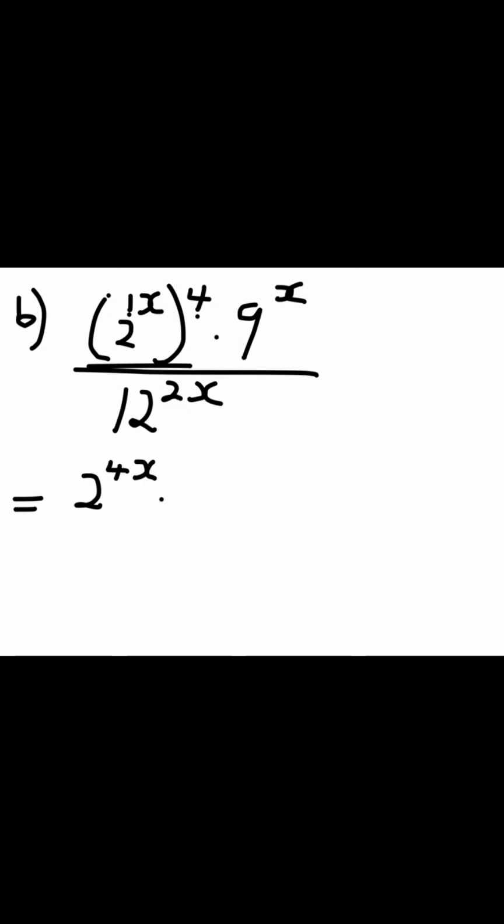When it comes to 9, it should be 3 squared. So can you see, I'm doing that inside the brackets because I'm only changing the 9. So that's why you need to rewrite it inside the brackets. Then you will easily work it out.